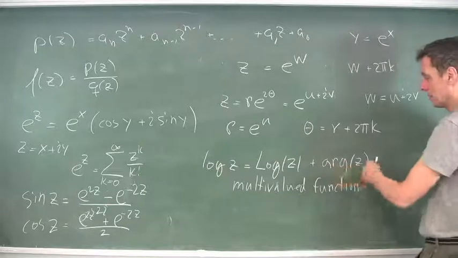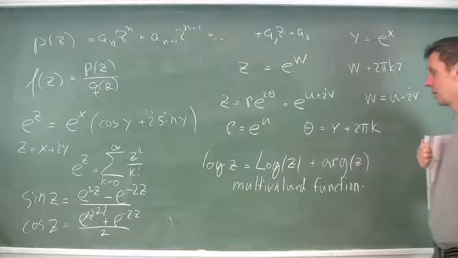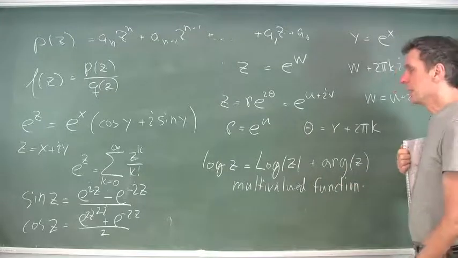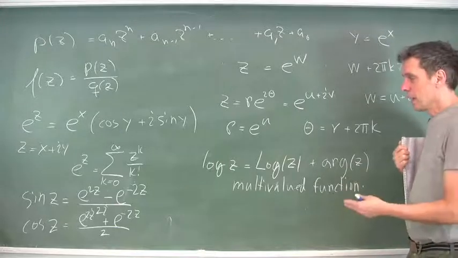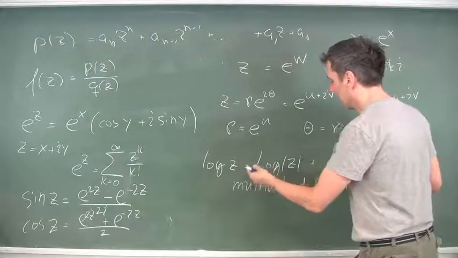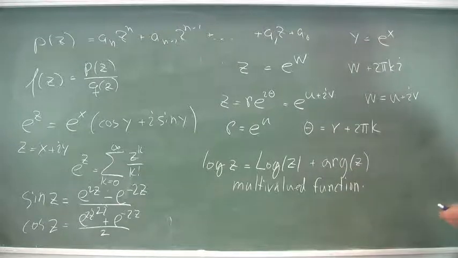And this is simply because this argument then is also multi-valued. So if you really need to treat the logarithm as a function, what you have to do then is to make some kind of choice. You have to decide what argument to use.